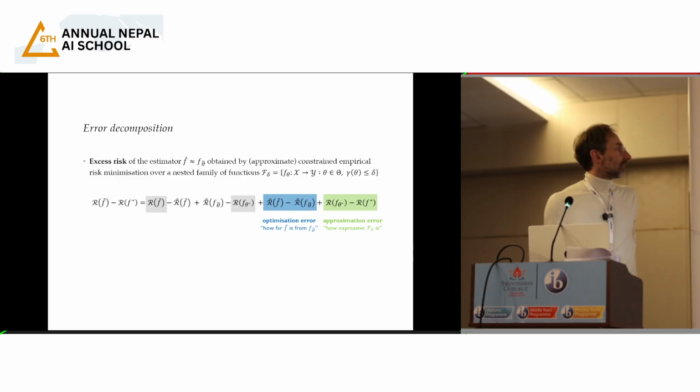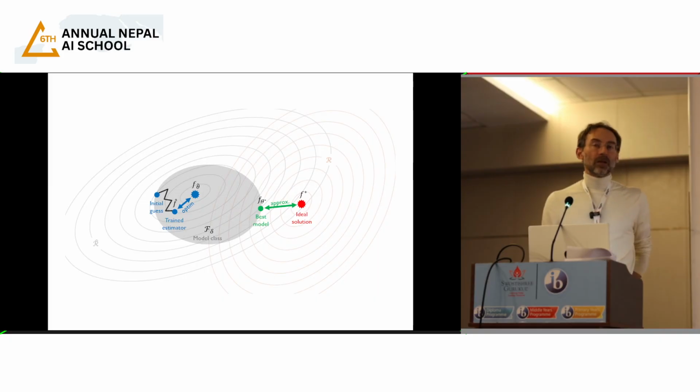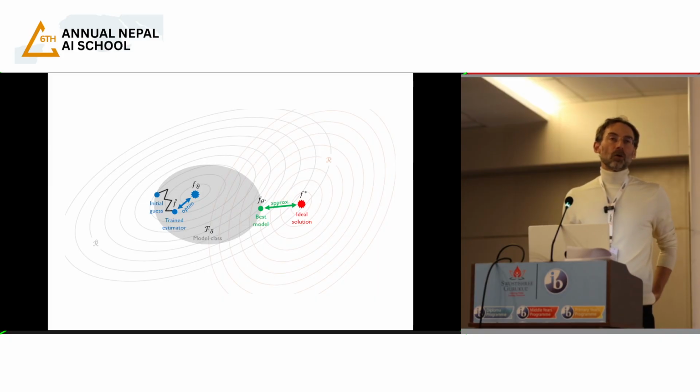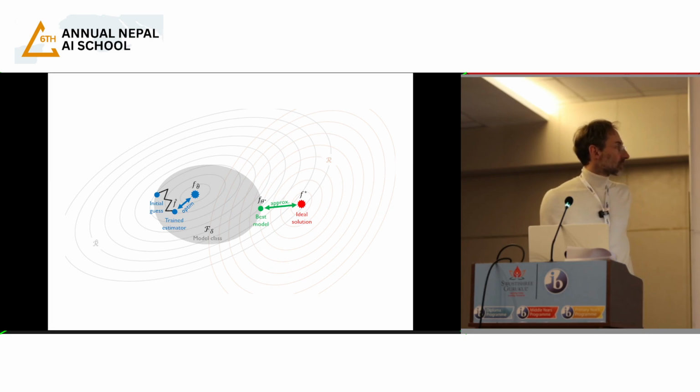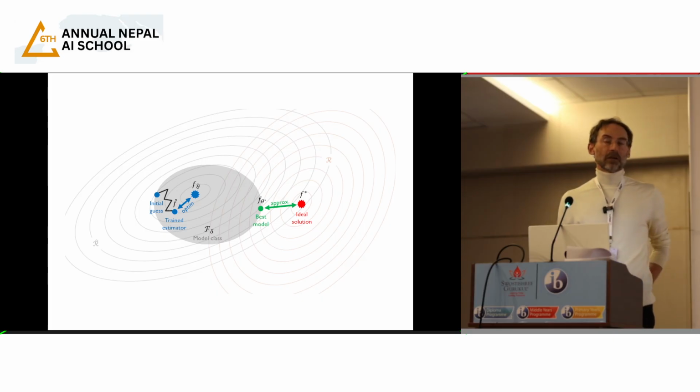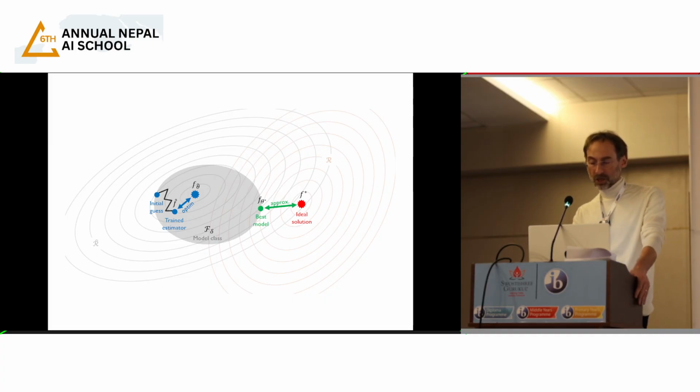When we talk about optimization, I remind you that we do not guarantee that we find the global optimum. So this is my global optimum of R hat, the empirical loss. Typical optimization looks like this. This is what I can find, because I do not necessarily find the global minimum. I can find something else. So this is the optimization error: how far I am from the global minimum.